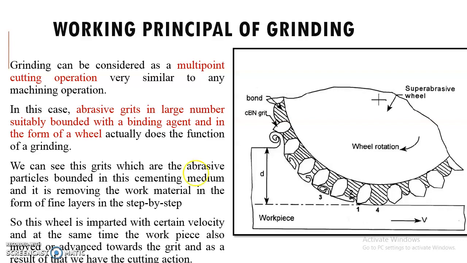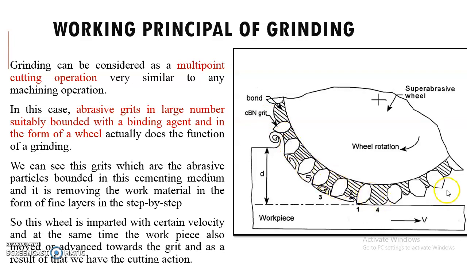You can observe the right hand side sketch. It is a grinding wheel picture, and the image is shown in such a fashion that you can observe the white color rounds around the periphery called grits, and these grits actually do the function of cutting.